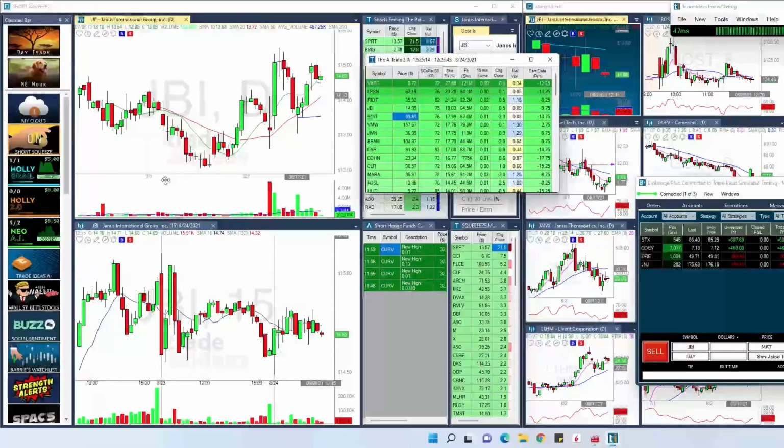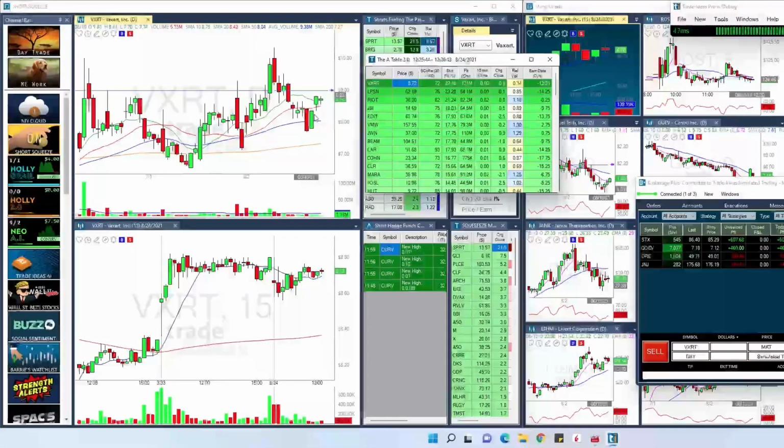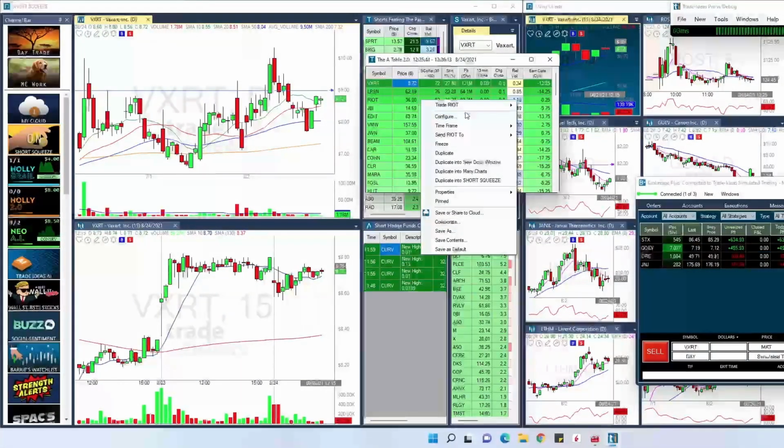I don't need to get JBI from $12 to $24. If I can get it from this little pullback at 13 and get out at 16, I'm happy, right? If I can get VXRT from $9 to $12, I'm happy. Just give me my little chunk and I'll move on.